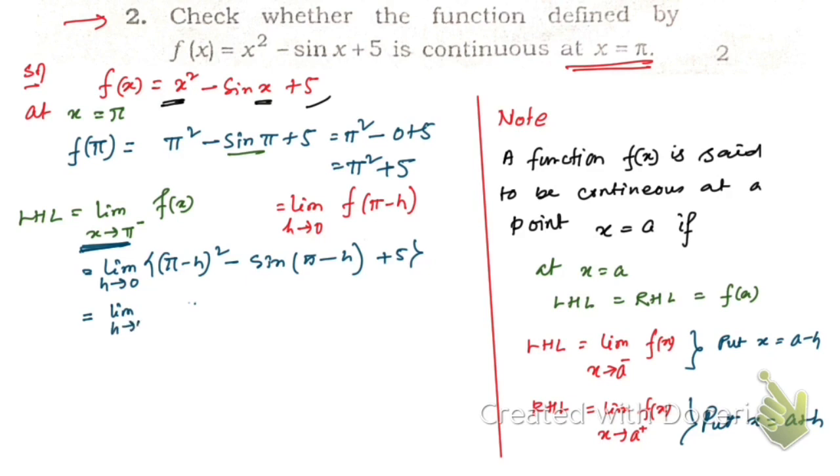So limit h tends to 0 of (pi - h) whole square, and sine(pi - h), that's going to be sine h, right, plus 5. If you put h equal to 0 here, then you will get pi square plus 5 again, right? Because sine 0 is 0. So hope you have understood this.